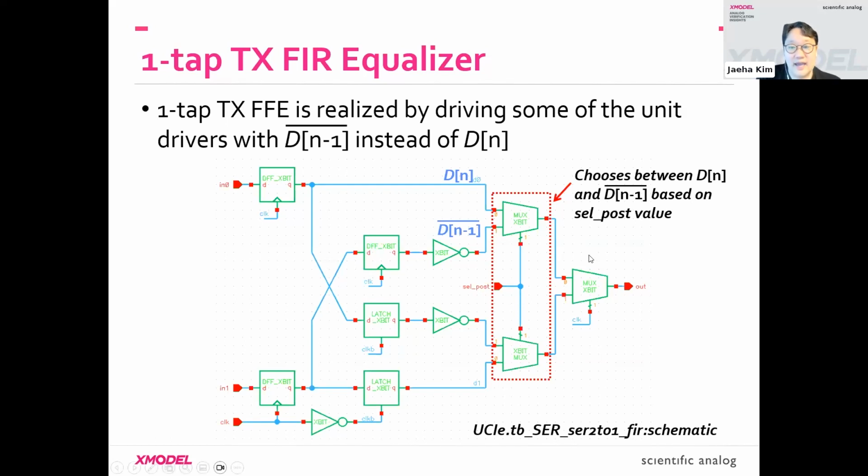This output will drive the final stage. Some of the drivers will drive the inverted version of the previous bit, while some other drivers will just drive the current bits, and with the mixing happening at the final output, you get the behavior of a one-tap FFE. So this is the serializer stage. We can either produce D[n] or D[n-1] bar.